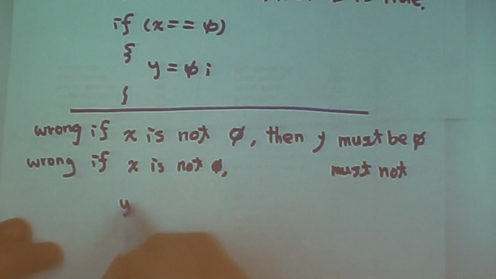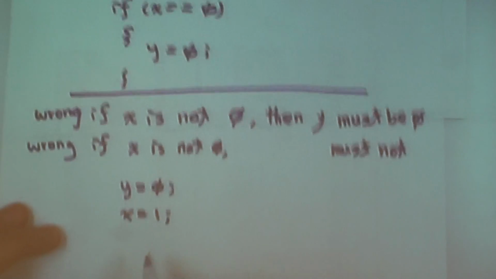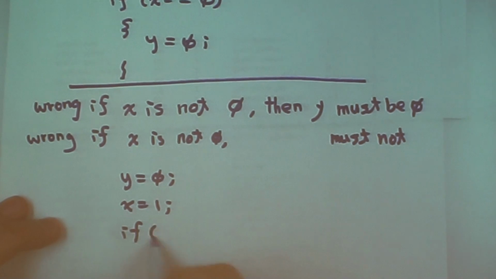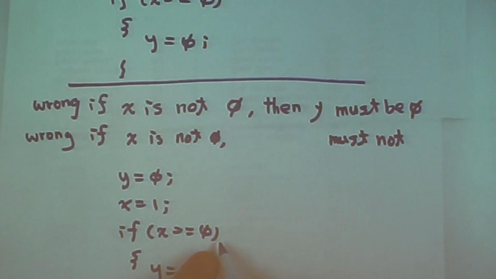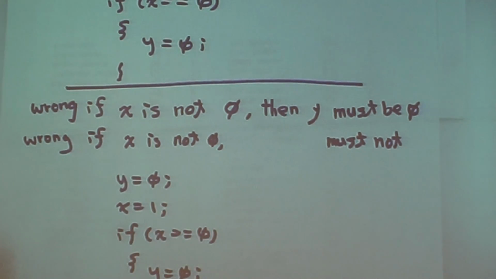Because you may have this case, y equal to 0, x equal to 1. Then you say, if x is 0, y is 0. Since x is not 0, you don't enter the if statement, but y is already 0. So if x is not 0, you don't know whether y is 0 or not.